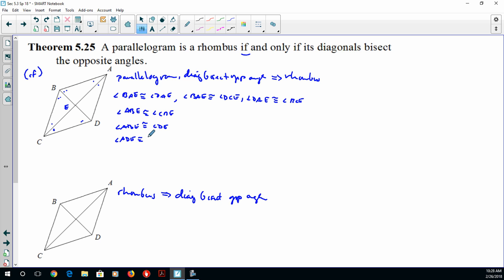Try that again. So this angle and this angle. Well, what do we know here? So it's a parallelogram. Okay, now what else do we know about parallelograms?